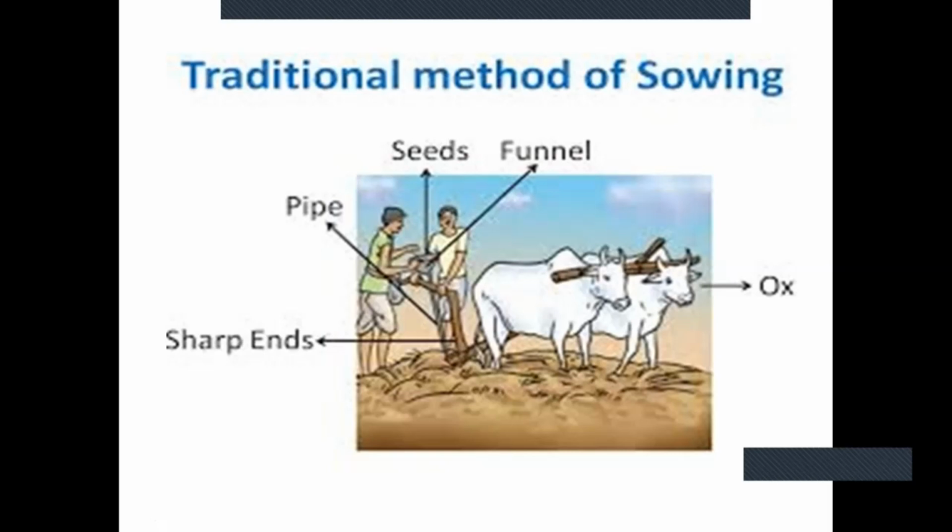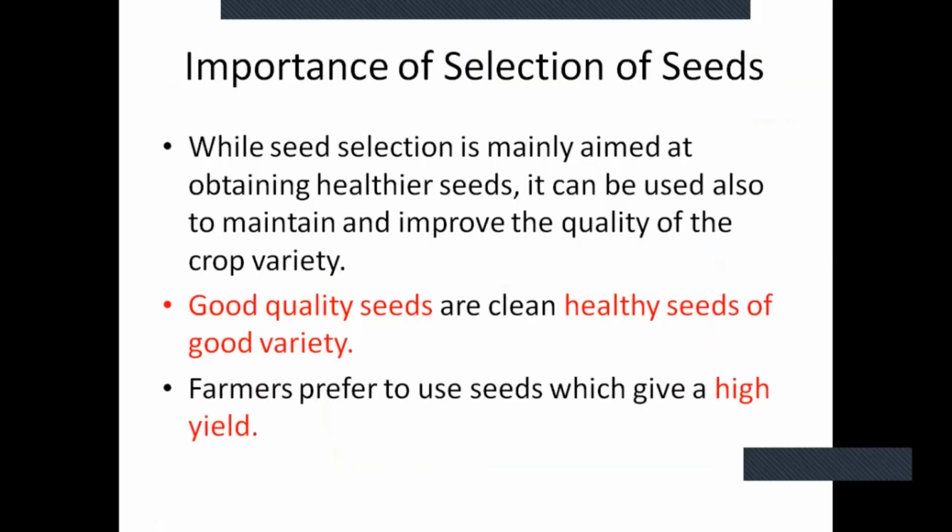Now, children, if the farmer is going to sow the seeds, he needs to select the seeds properly. The selection of the seeds is very important. Why do you think the selection of seeds is important? Children, if the farmer does not select proper seeds, what will happen?